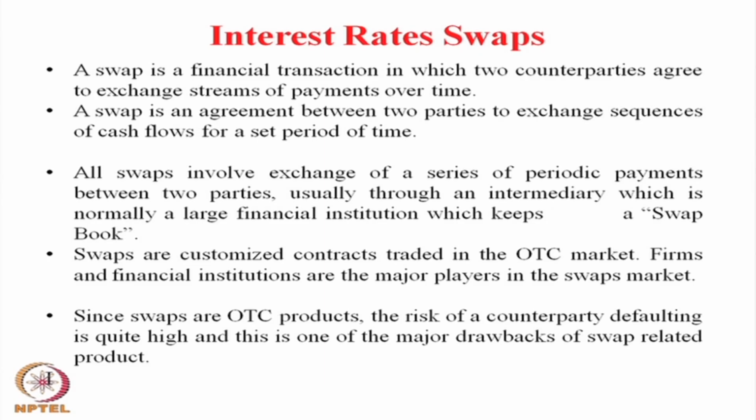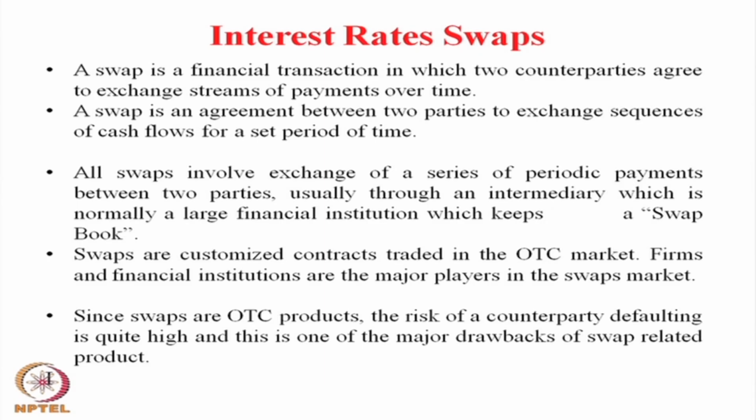Swap is an agreement between two parties to exchange a sequence of cash flow for a set time period. All swaps involve the exchange of a series of periodic payments, usually through an intermediary.